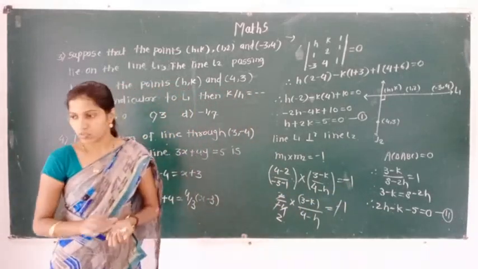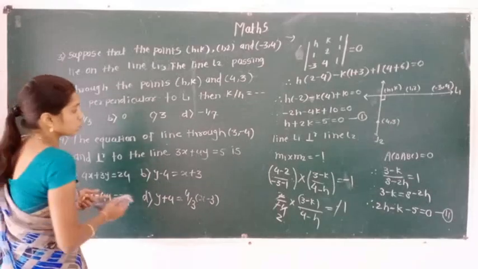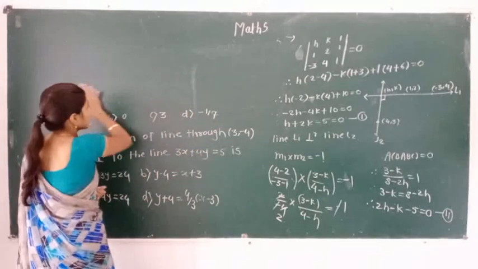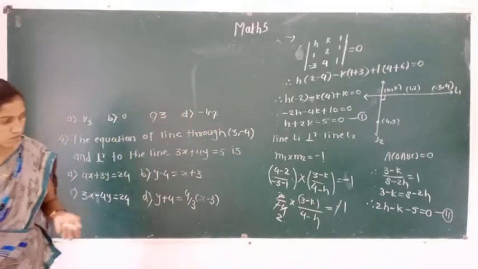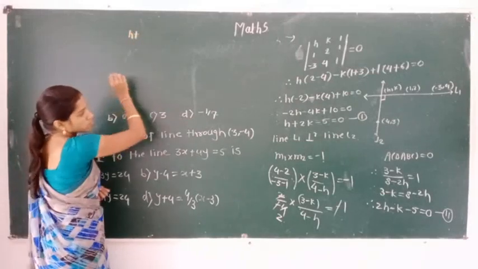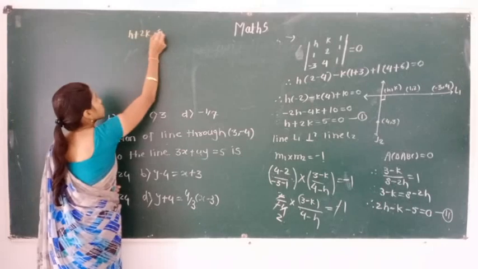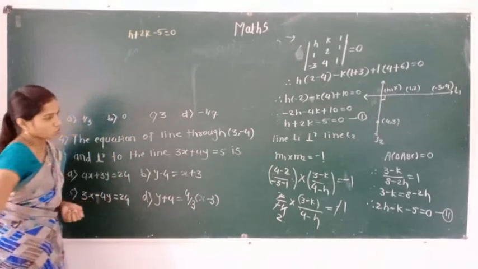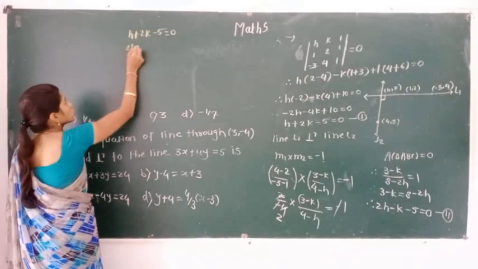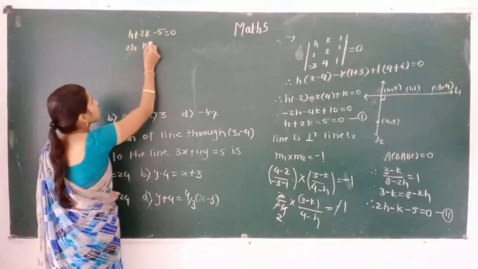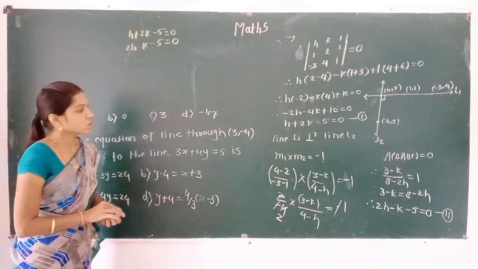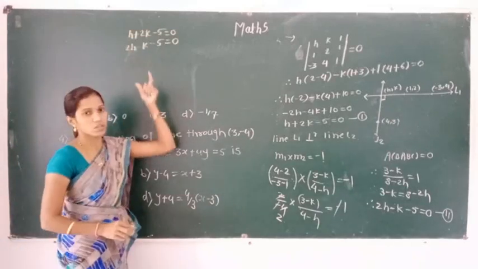We use the trick for solving them. The first equation is h plus 2k minus 5 is equal to 0, and the second equation is 2h minus k minus 5 is equal to 0. We use the shortcut method for solving these two linear equations.